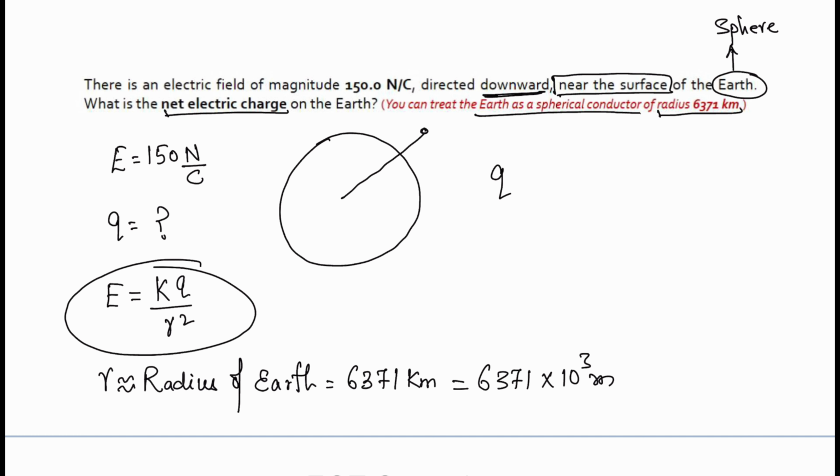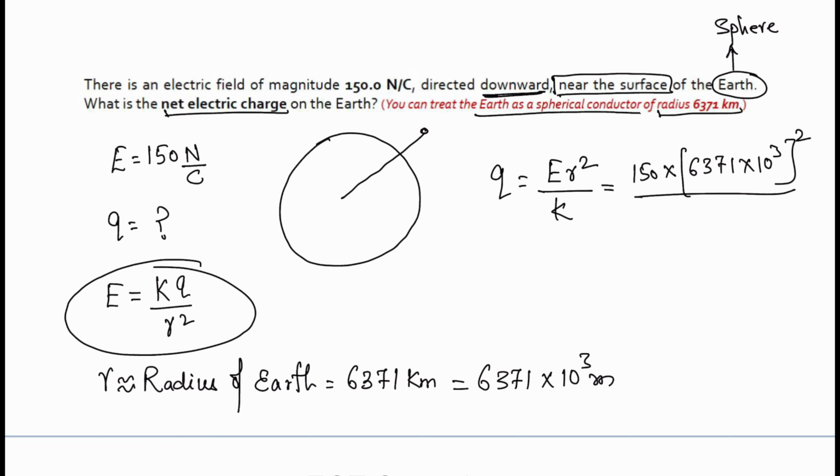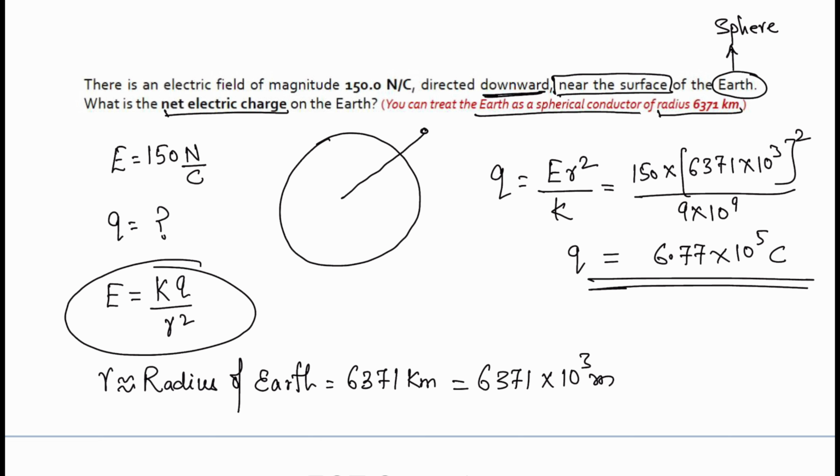So can I say Q is equal to E r square divided by k. So electric field is 150 times r, which is 6371 times 10 raised to power 3 whole square, divided by k. k is 9 times 10 raised to power 9. Solve this, you will get 6.77 times 10 raised to power 5 coulomb. This is your charge. Clear, guys?